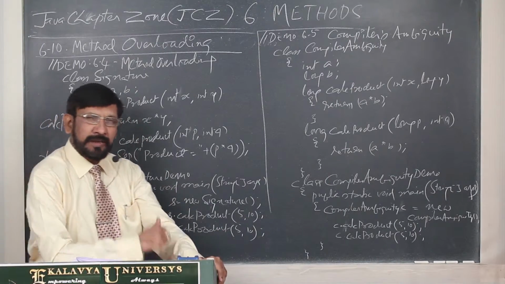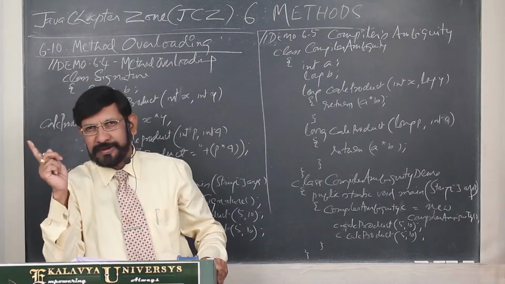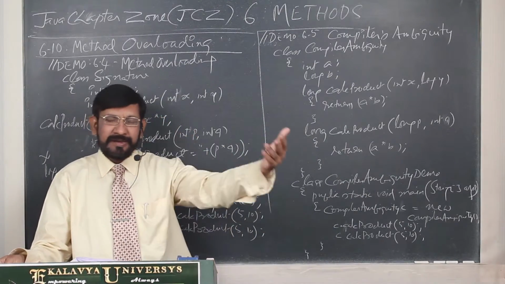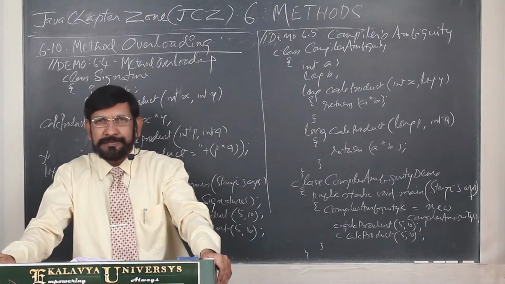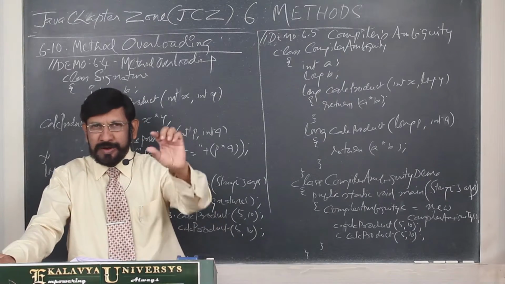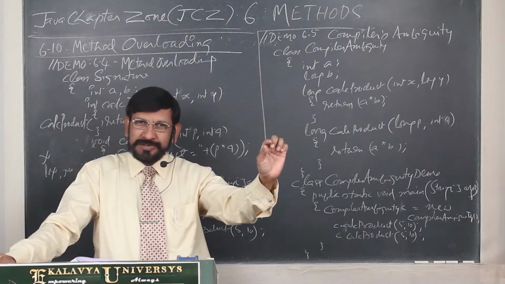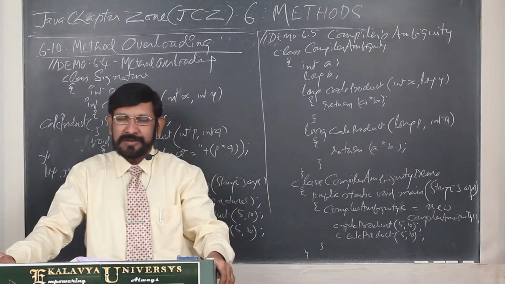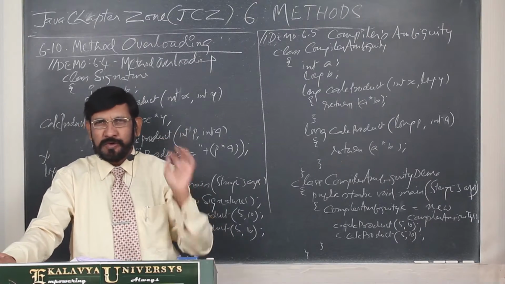Here, as long as the method signatures are different, whenever the method is called, the system can easily identify it by using the signature. How can you identify the student? If the initial is K Mohan, it represents only one person. A Mohan represents only one person.